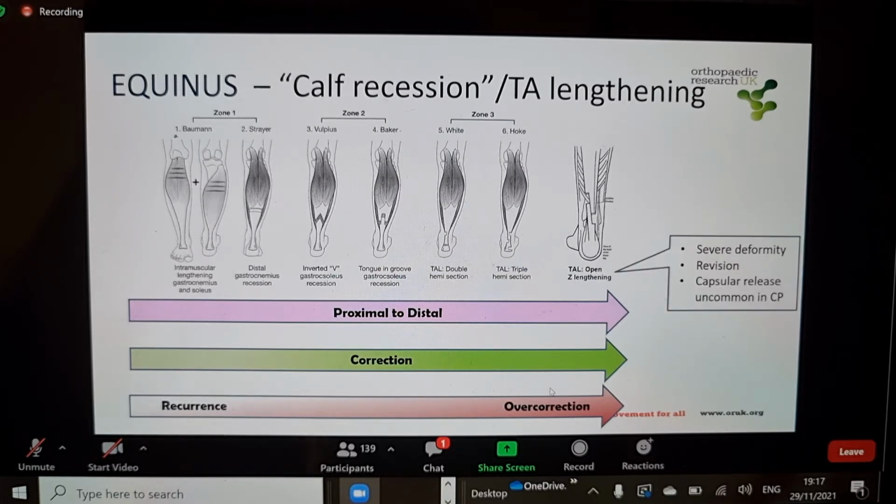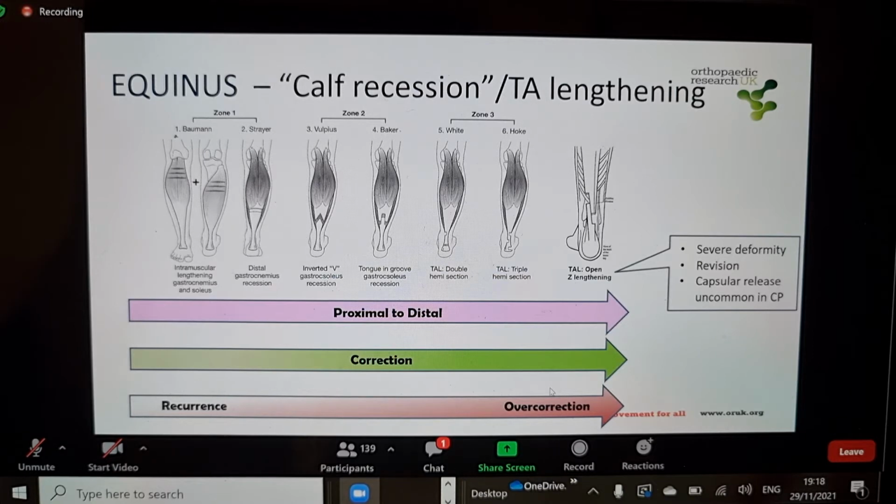Just while we're on the subject of Achilles tendon lengthening, I don't know, Michalis might have his views on this, but I have found it's quite uncommon in cerebral palsy to do an open Z lengthening of the Achilles tendon. We tend to do it percutaneously by one of the techniques you see in zone 3 here. There seems to be something about preserving the tendon sheath which avoids that problem of overcorrection that we are worried about.